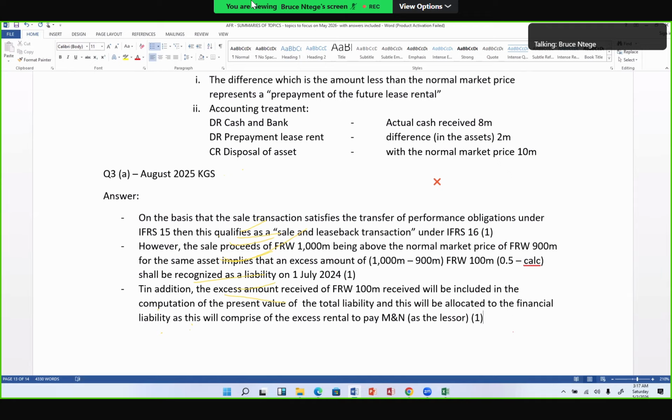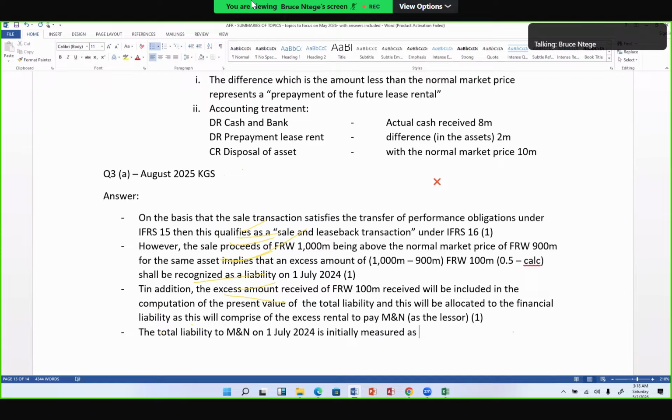Now you want to compute that total liability. So we shall say that the total liability to M and N on 1st July 2024 is initially measured as, and you're going to get the calculation mark.